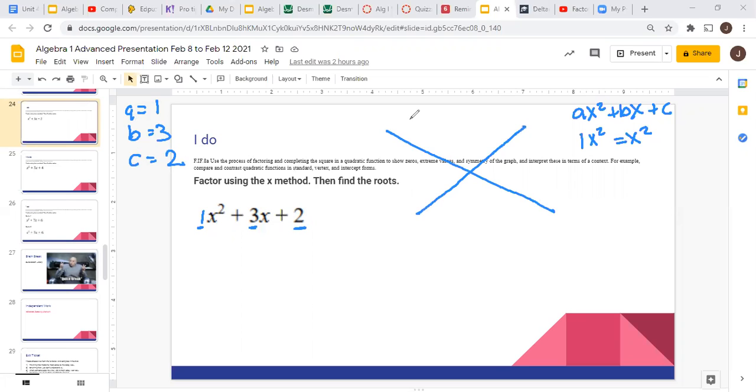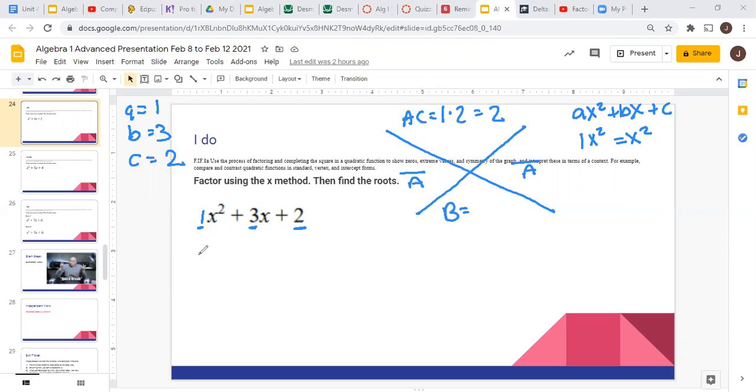So in the top quadrant, we're going to put a times c. We'll talk about what we'll put over here, but for now, just put the division sign or your fraction sign divided by a, and over here, we want b. Okay, so our a times c, our a is 1 times c is 2, so that gives us 2.